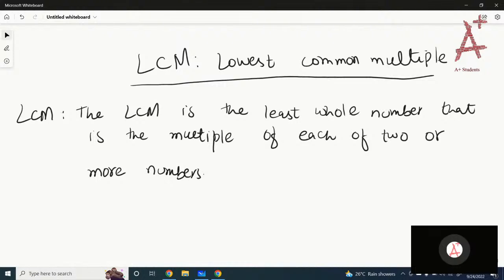Okay, let's start with an example. Okay, the example is, what is the least common multiple of 10 and 7?